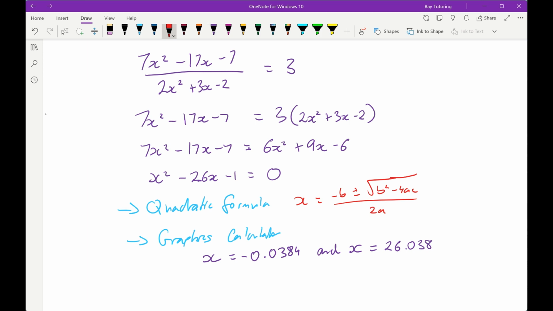So I'm just going to label: A is going to be 1 here, B is going to be negative 26, and C is negative 1.